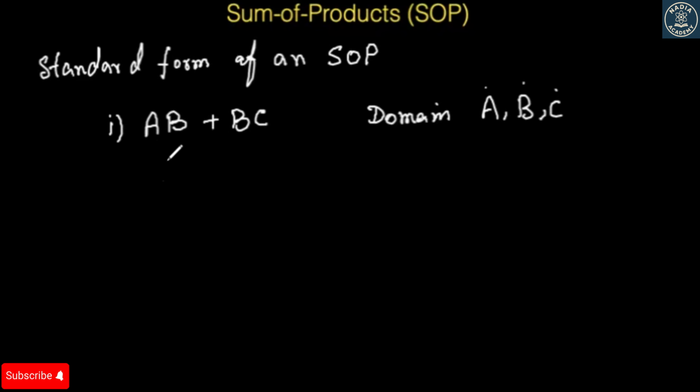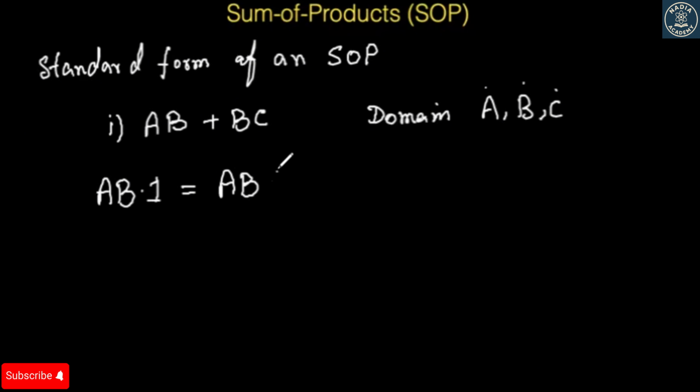We know that, for example, if I have this product term AB and I multiply it with 1, then our answer will be simply again AB. So it is not going to change if I multiply it with 1.